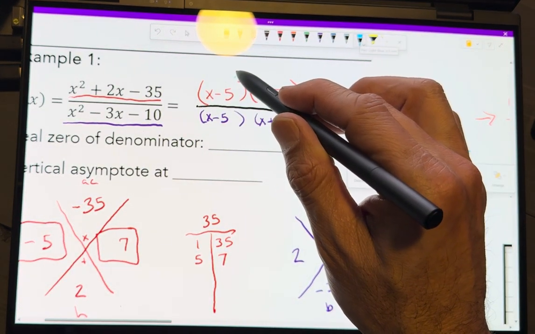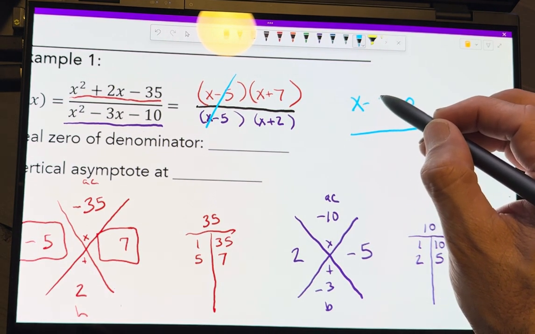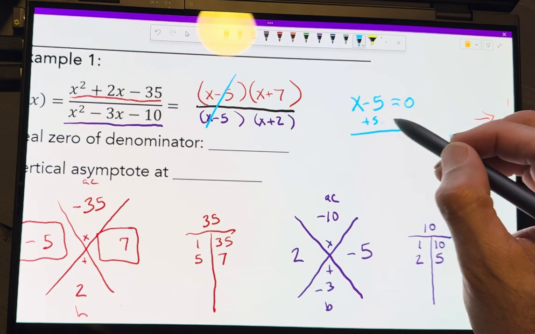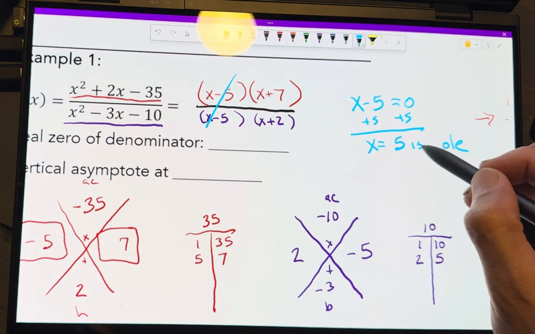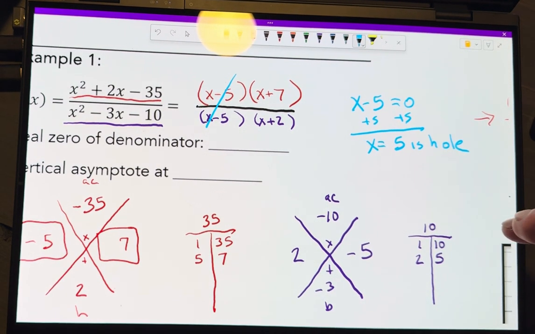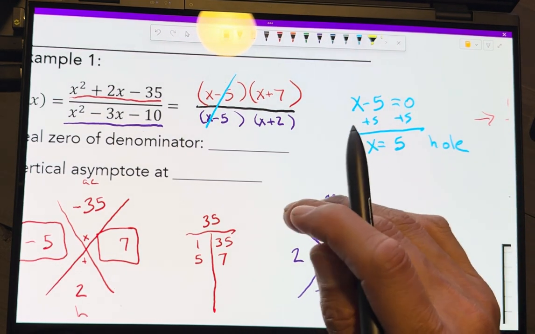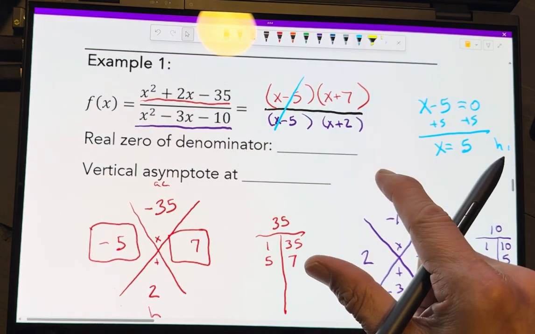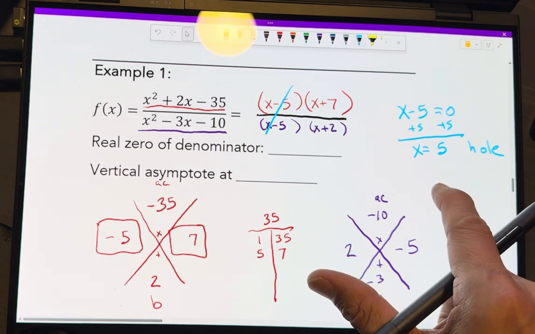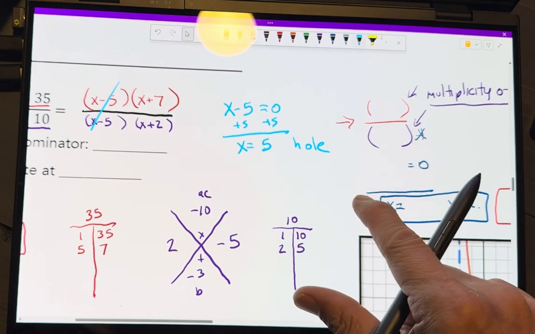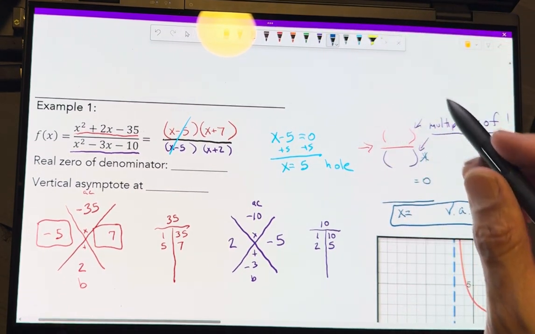Okay, so we got a common factor here, which is going to give us a hole. x minus 5. Let's add 5 to both sides. So x is equal to 5 is a hole. And the 0 in the denominator, let's find that.